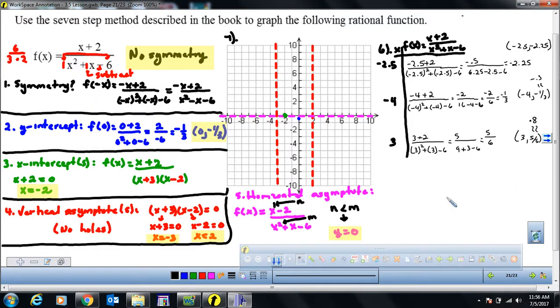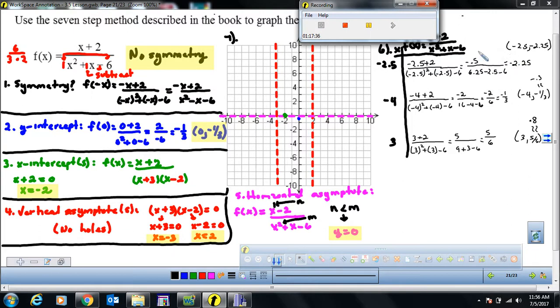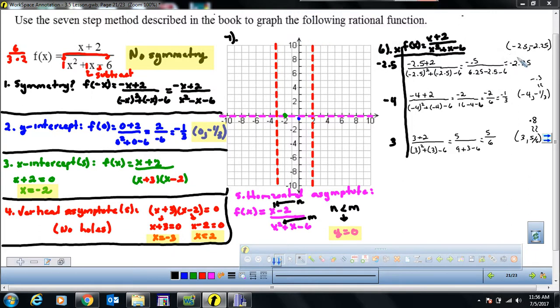So let's go ahead and graph those points. So when x is negative 2.5, y is going to be, let me see, one second. Oh, there was one little thing that I forgot here. This was supposed to be negative 0.5 divided by negative 2.25.